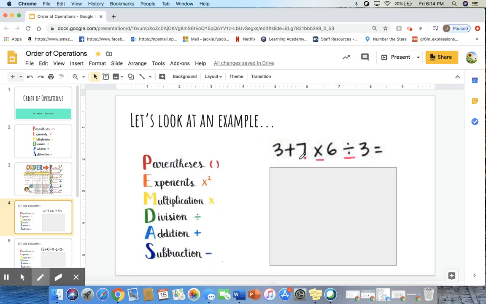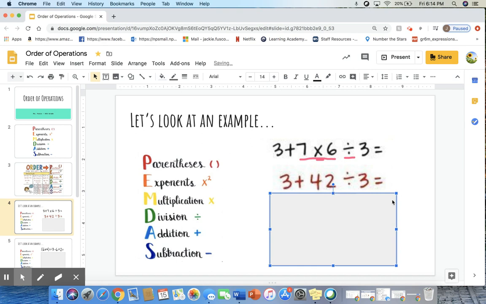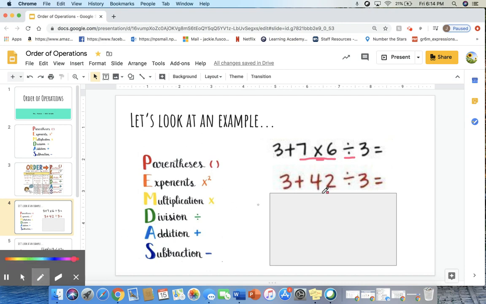So the first thing that I need to solve is this 7 times 6. Everything else is going to stay the same for now. So if 3 is going to stay the same, the only thing I'm solving is 7 times 6. That's my first step. And 7 times 6 is 42. So I did my first step. Now, before I add, I have to go back to that division because I didn't divide yet.